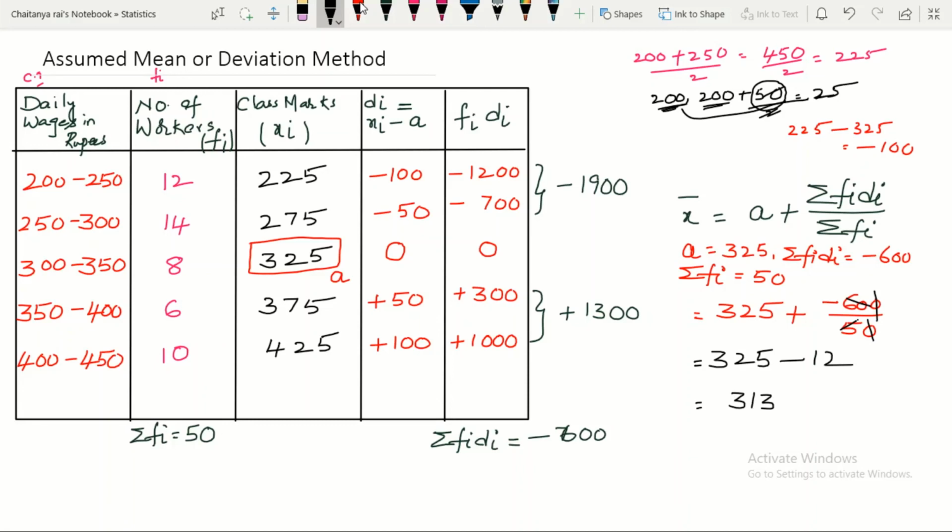The average wages in rupees is what they have asked, so the mean is rupees 313. So this is how we solve grouped data to find the mean.